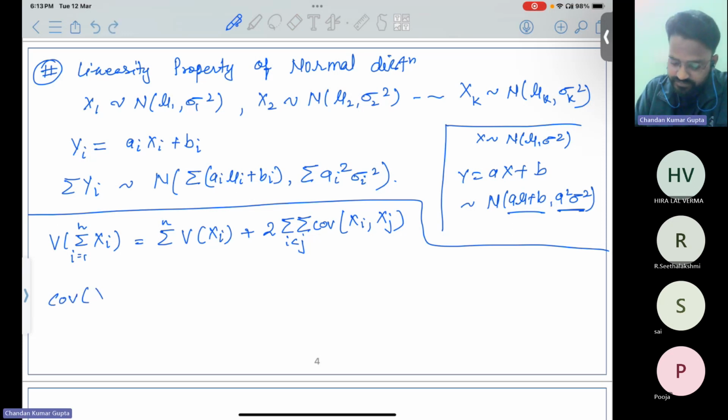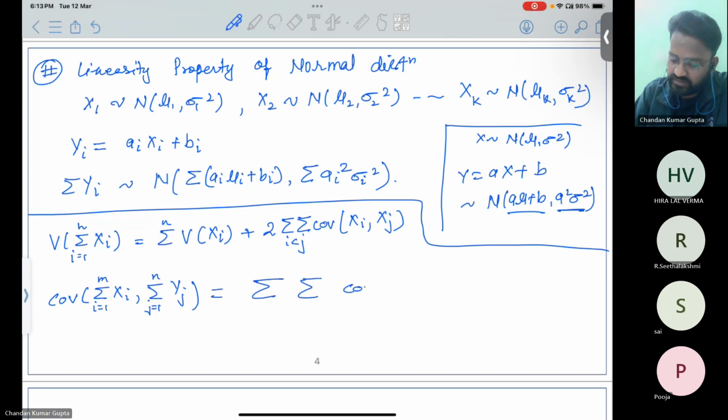In a similar manner, covariance can be calculated. Covariance of summation of xi and summation of yj, with i from 1 to m and j from 1 to n, can be calculated as the summation of covariance of xi, yj, for i from 1 to m and j from 1 to n.